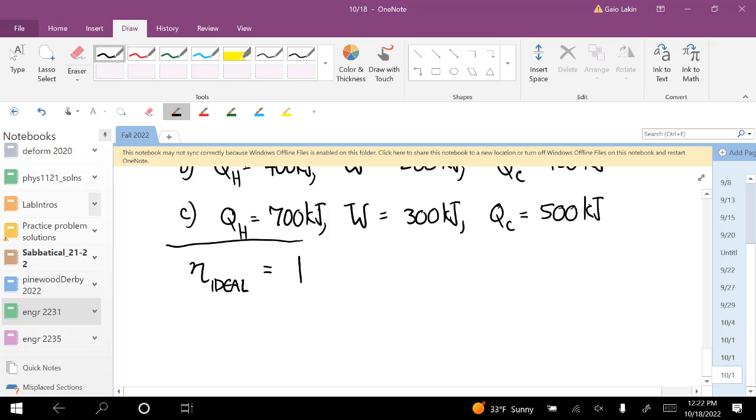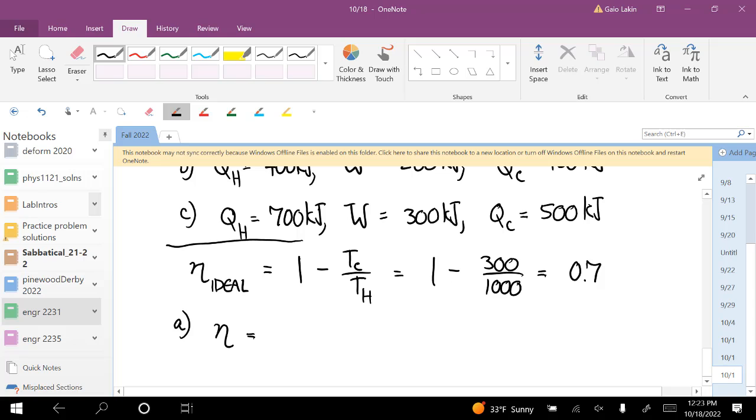For the ideal, it's going to be 1 minus TC over TH. So that's 1 minus 300 over 1,000, so that's 0.7. Because what you had before, W over QH, that's the actual. I was a little confused, getting ahead of myself. Sorry about that.